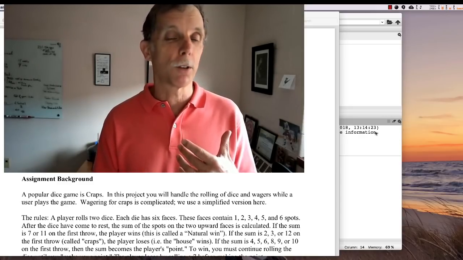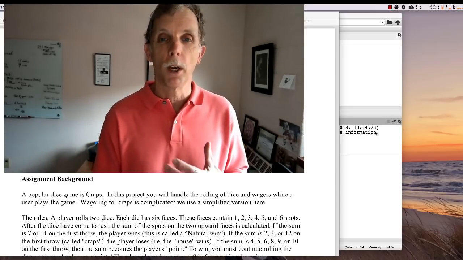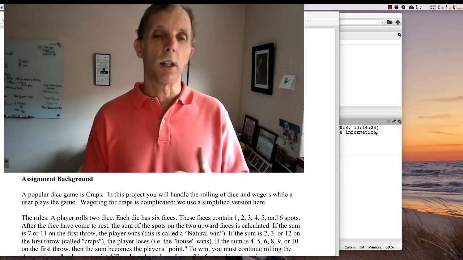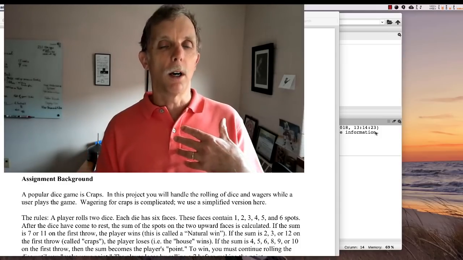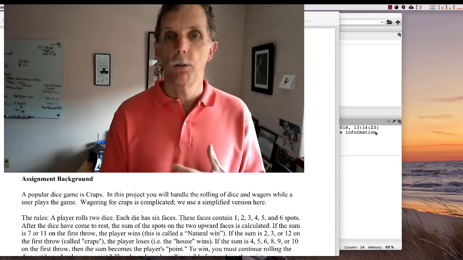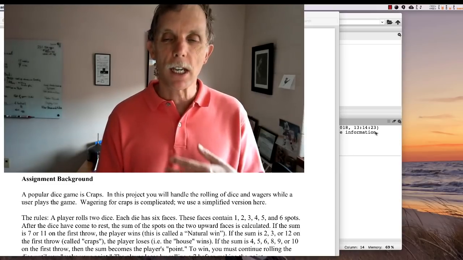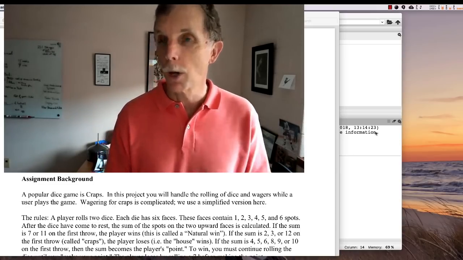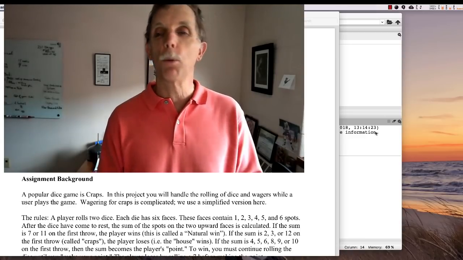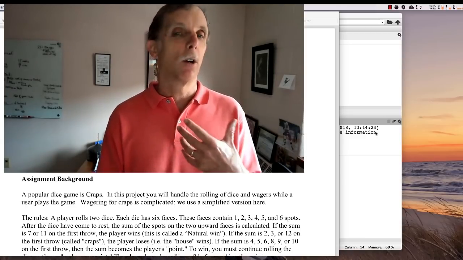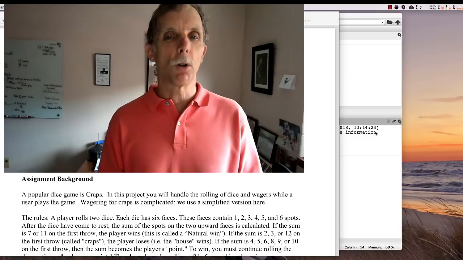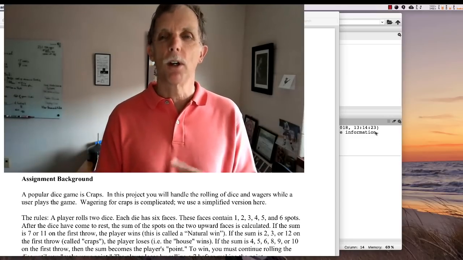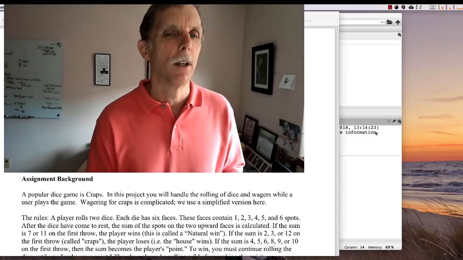This will have some structures similar to the game of NIM in that there is a while loop for playing each game. You're asked, do you want to play another game? Yes, I do. And then when you play the game, because we don't know how many times you're going to roll the dice before you win the game of craps, we have another while loop in there.